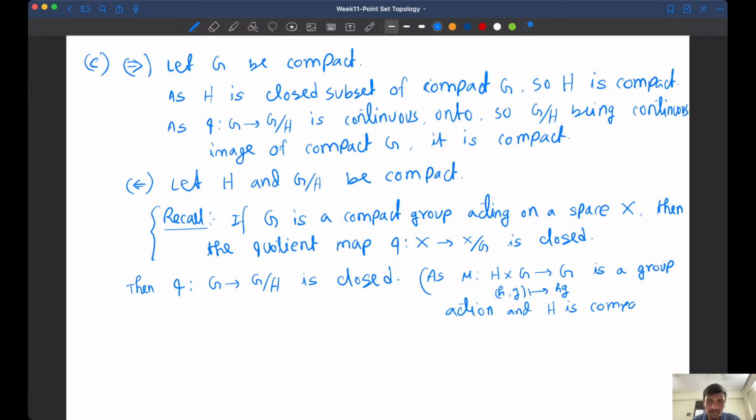So the same proof you can just follow here and get that this Q map is closed, once you have that H is compact.